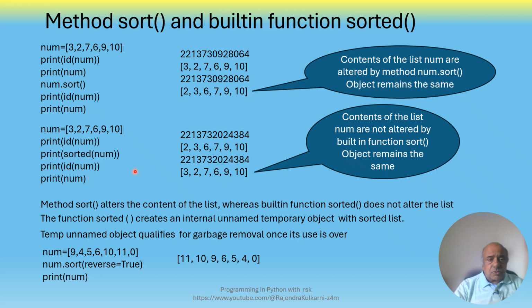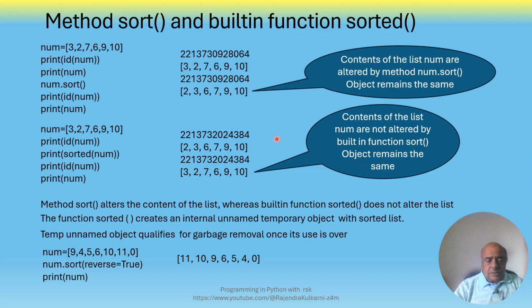In case of sorted, the numbers are sorted from lowest value to the highest value. They appear in that order in the list, but when we use sorted, the list which is created internally by Python is a temporary list.